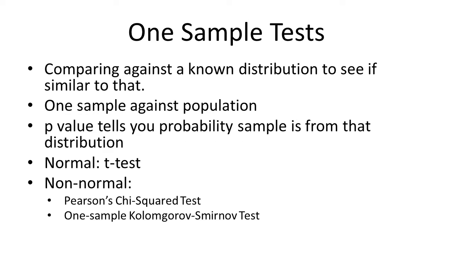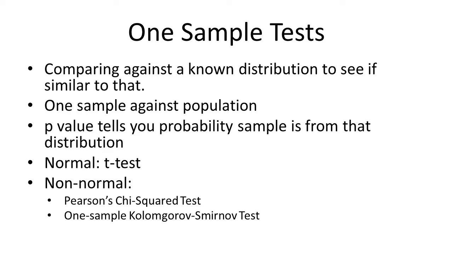So, as we covered, we do have the one sample test. This is basically testing the hypothesis that, given the sample or the number of observations that you collected, it comes from some particular distribution.